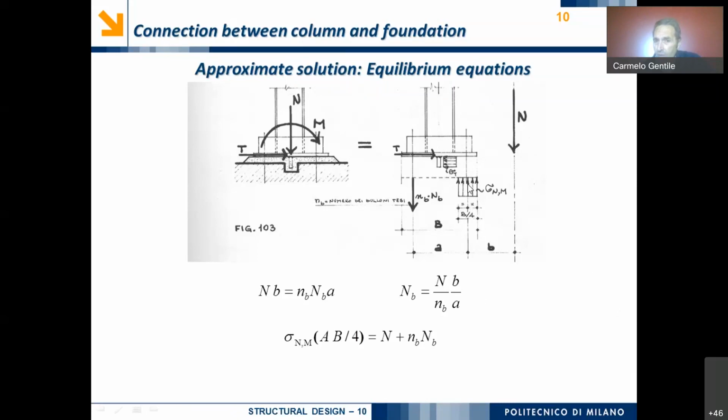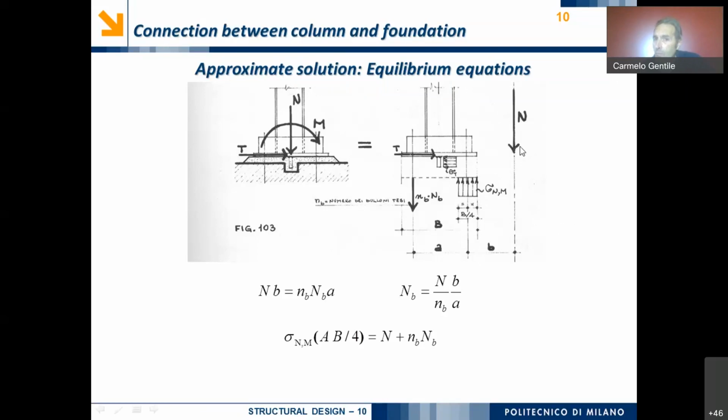at the interface does not act in this equilibrium equation. So in the equilibrium equation, we will have only the action of the axial force, and the distance of the axial force from the center of this compressed region is well known because we know the geometry of the problem.